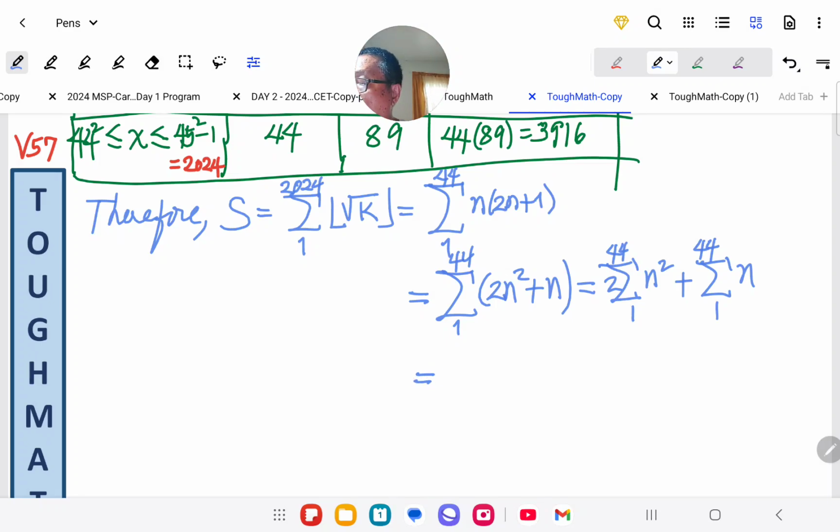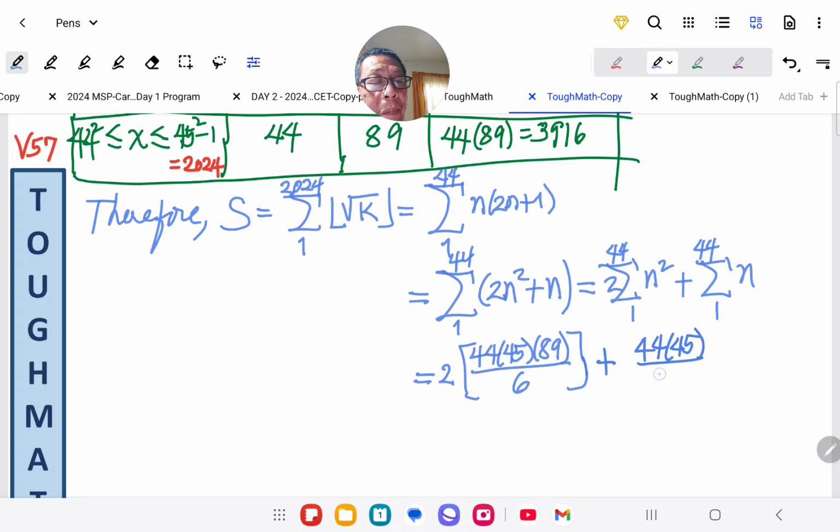So this is equal to 2 times 44 times 45 times 89 all over 6, plus 44 times 45 divided by 2, following the formula.